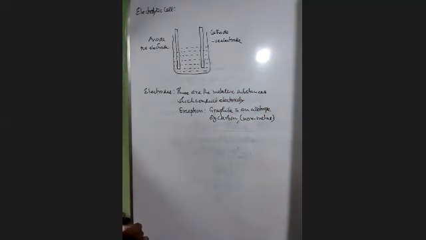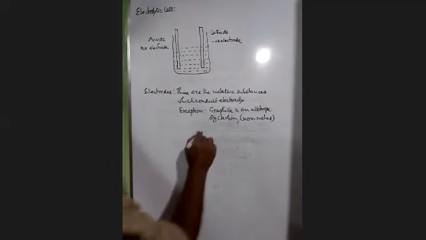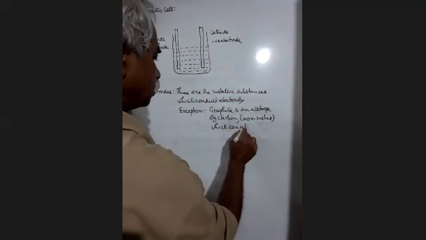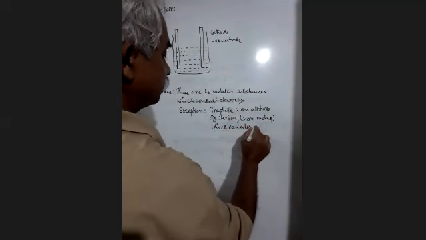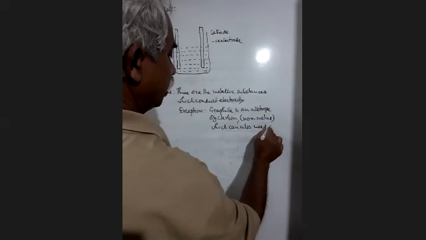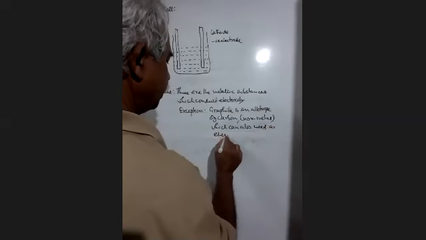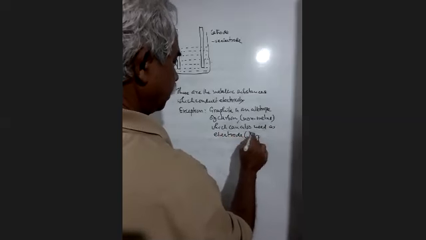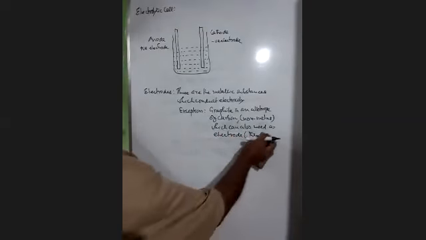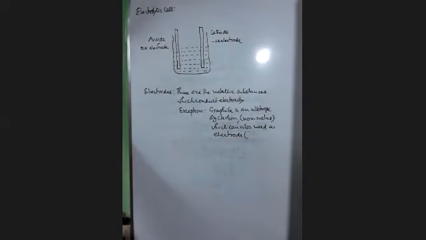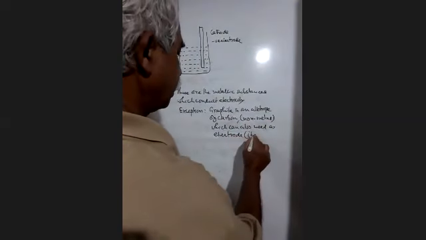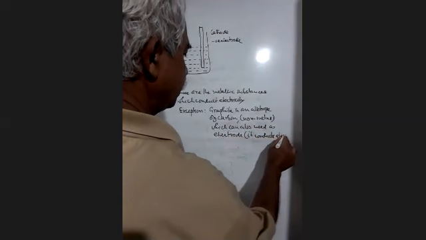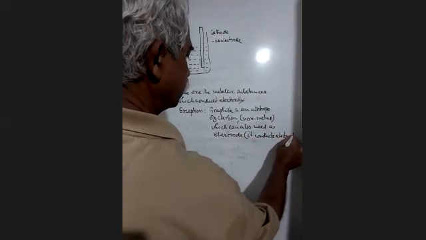Graphite is an allotrope of carbon which conducts electricity, that you have learned in school.